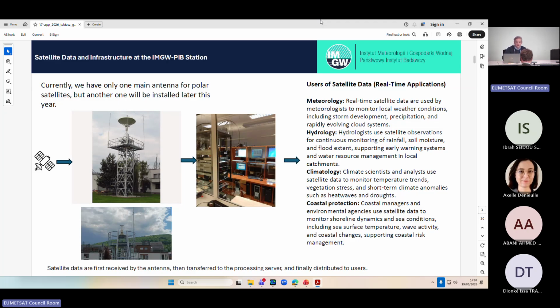So on the slide we can see, in very general form, how satellite data is processed in our institute, in our department.